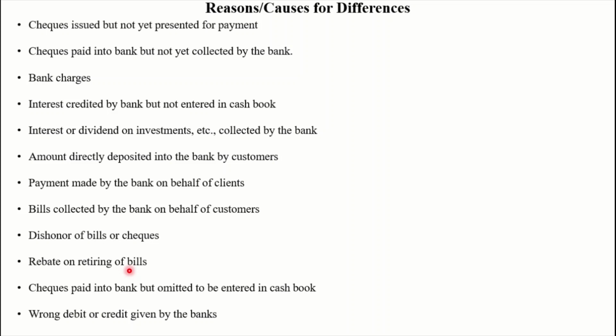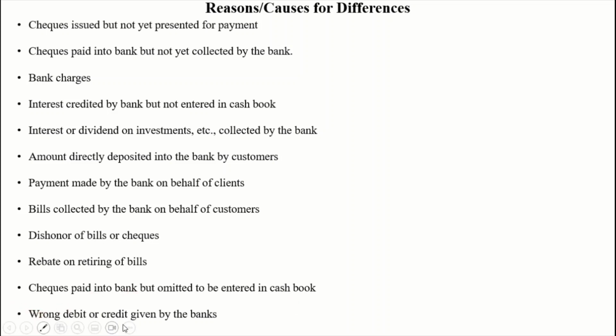Thus, there will be a difference in the balances of the cash book and passbook to the extent of the amount of rebate. Then, a check paid into the bank but omitted to be entered in the cash book. Sometimes businessmen deposit a check into the bank but forget to enter the same in the cash book. There may be a difference in the balances.